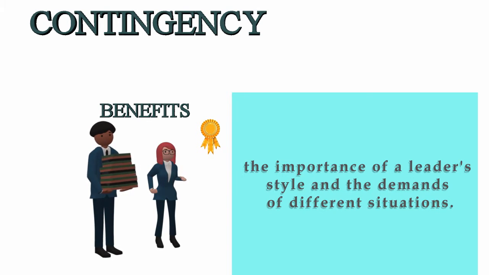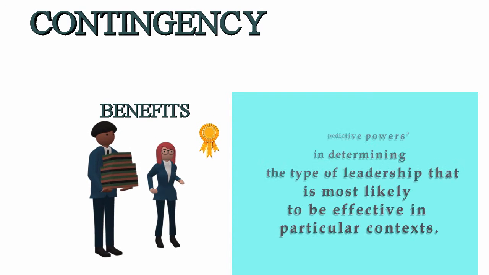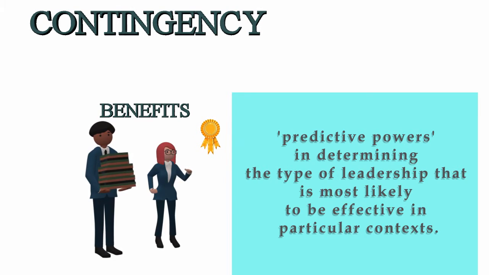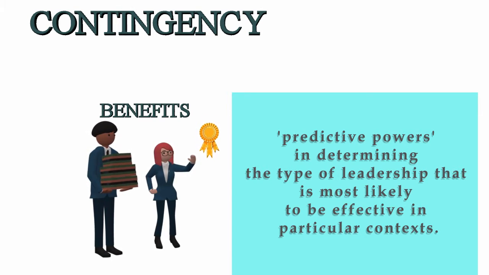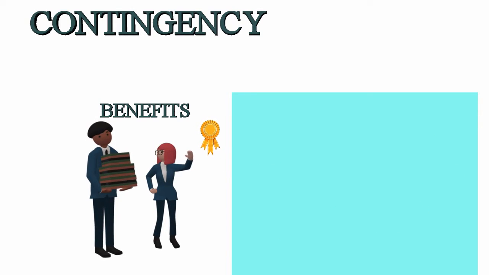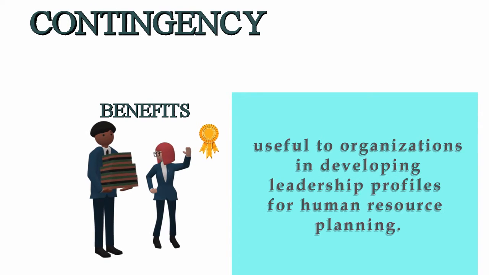Contingency theory has also been proved to have predictive powers in determining the type of leadership that is most likely to be effective in particular contexts. Contingency theory supplies data on leadership styles that could be useful to organizations in developing leadership profiles for human resource planning.